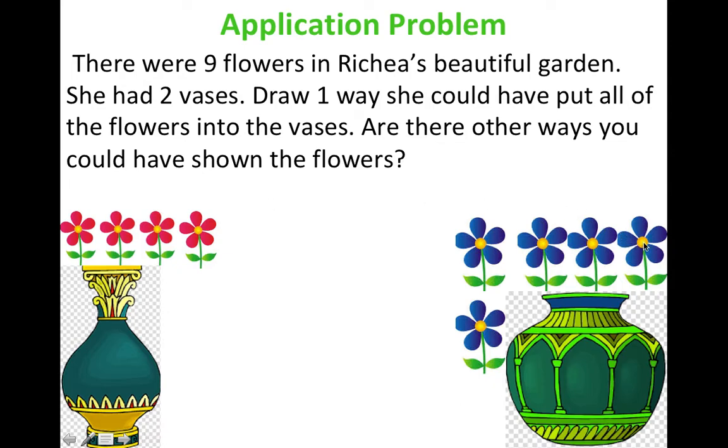So let's count. 1, 2, 3, 4, 5, 6, 7, 8, 9. So now all together we have 9 flowers, but she put 4 in one vase and 5 in the other vase. Please show me if yours look the same as mine or a little bit different.